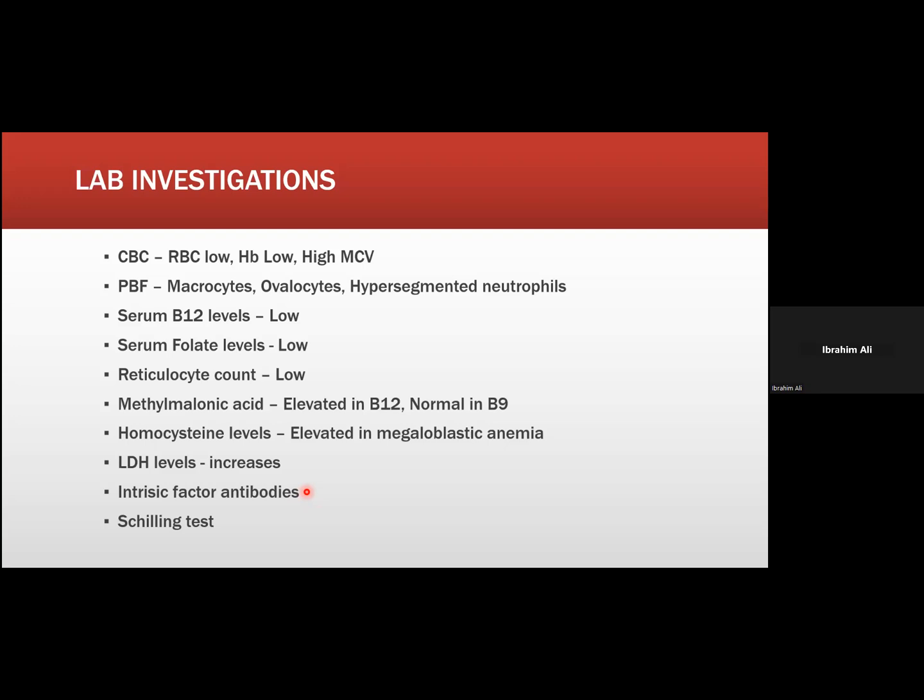So if you have a problem with intrinsic factor, your B12 will not be absorbed, so you will end up having macrocytic anemia. Then for non-megaloblastic, you can do LFTs to check for liver disease. You can do the thyroid profile for hypothyroidism and so on.